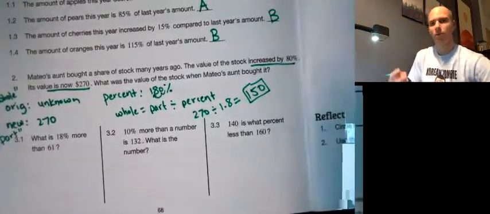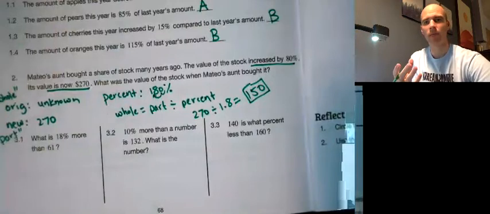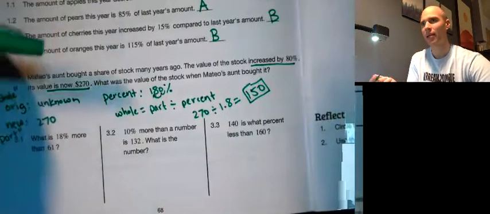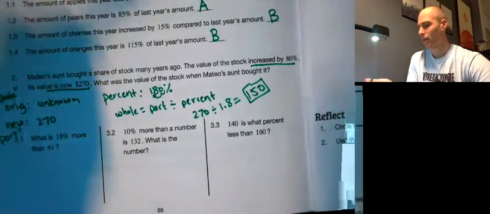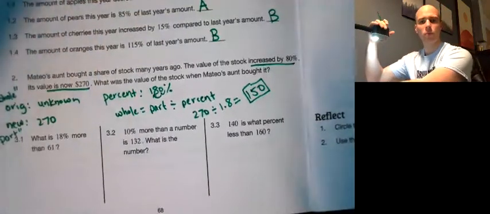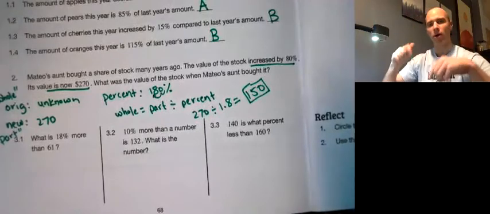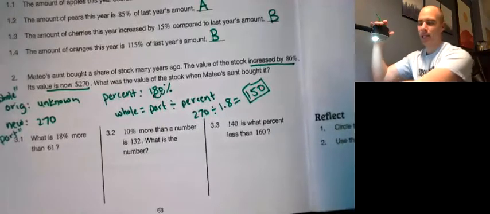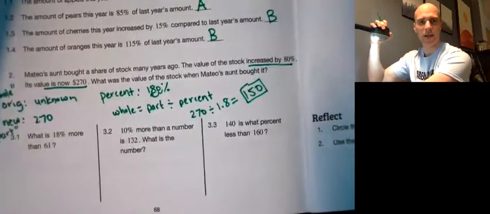So I think the moral of the percent machines lesson from today, and this question here about Mateo, is that you have to always remember that your percents are coming from your original or your whole amount, and be really careful with the way you handle questions based on that knowledge.